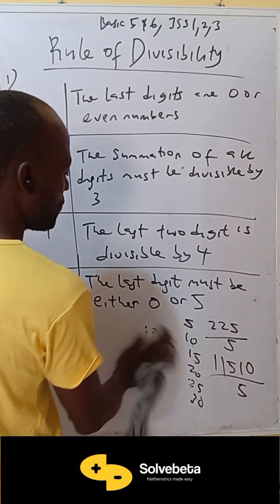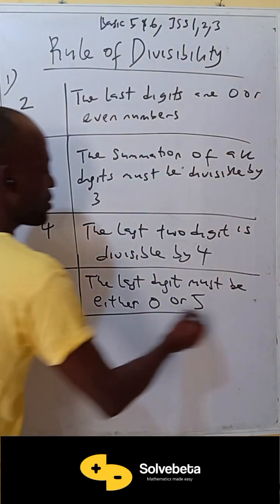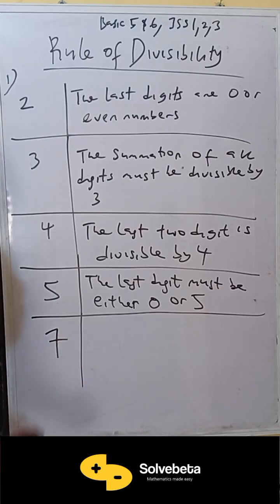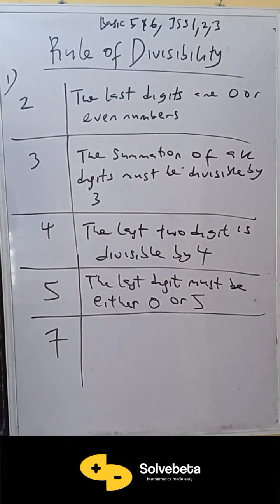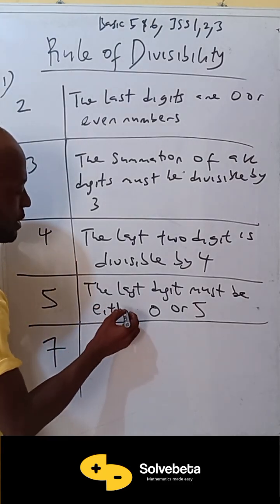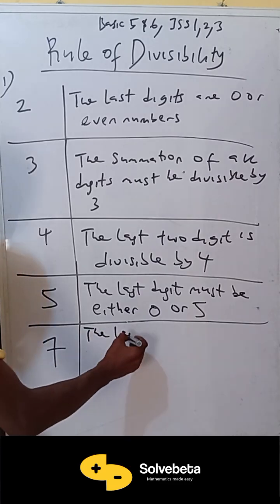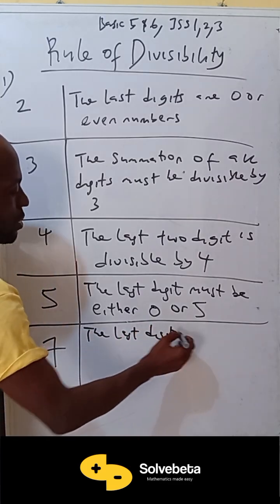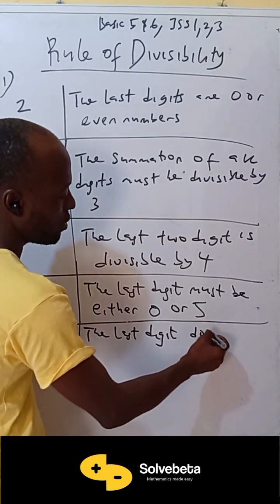Then we'll move on to 7. This 7 is a little bit time consuming, but it's the only known rule. You can check, you can try to see if there's any other rule that is simpler than this. To know if 7 can divide a number, the last digit, double it.